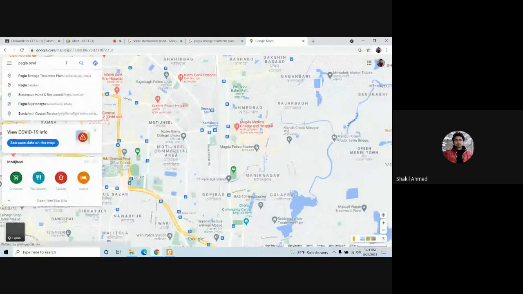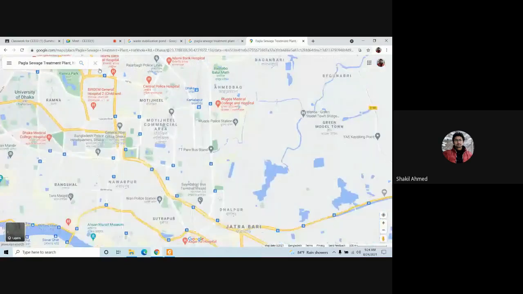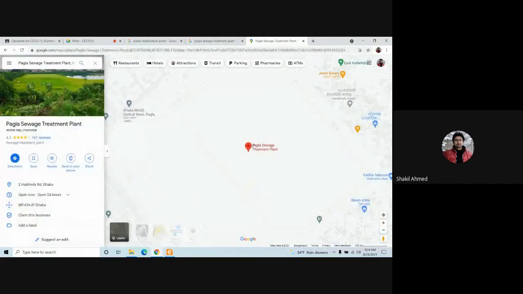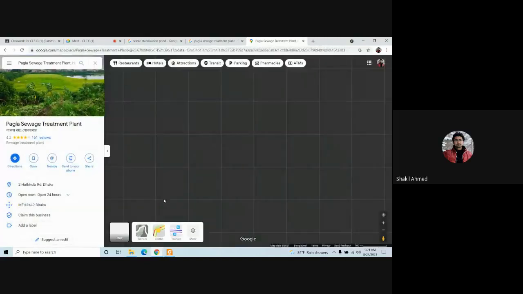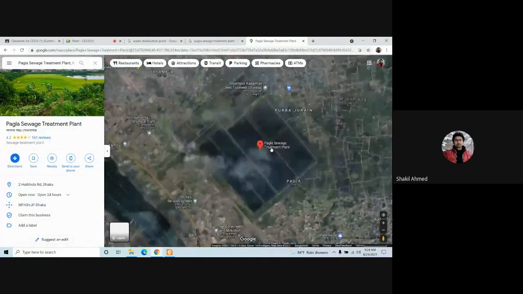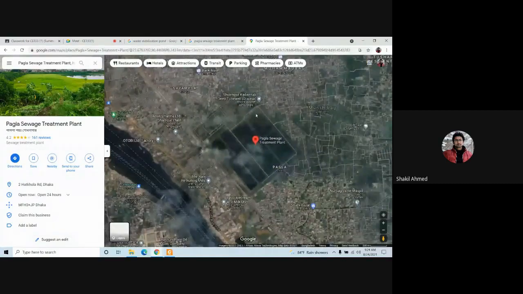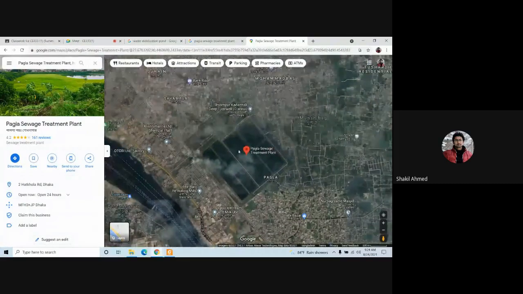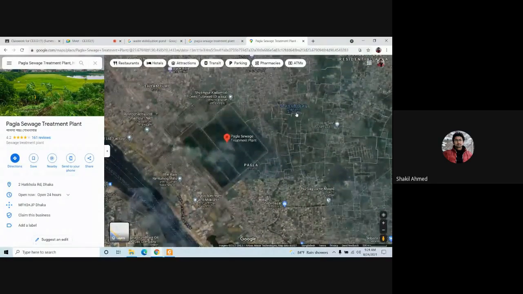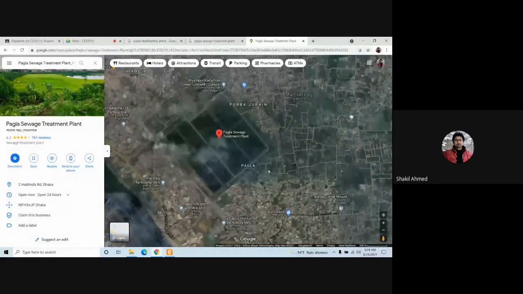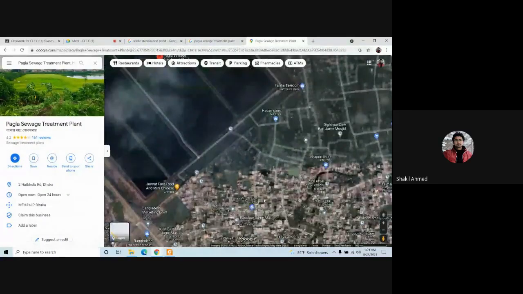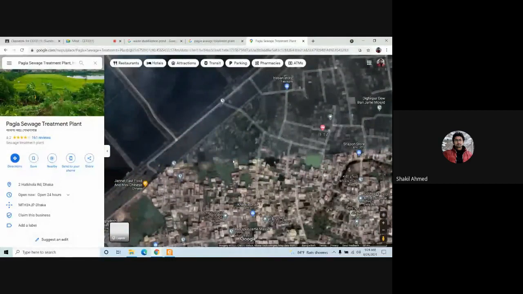Pagla sewage treatment plant. Look at this. Did you see? This is large. Munshi Bagh. As you can see, these are the building sizes. Can you see this, guys?